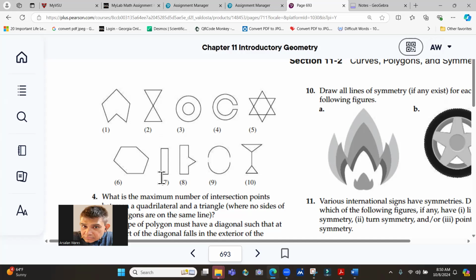It has no dents. It is a convex polygon. Eight is the same thing. Okay, nine is none of those. It's two curves sitting next to each other. Okay. This one is not a simple closed curve because it is really two shapes, two polygons connected by a line.